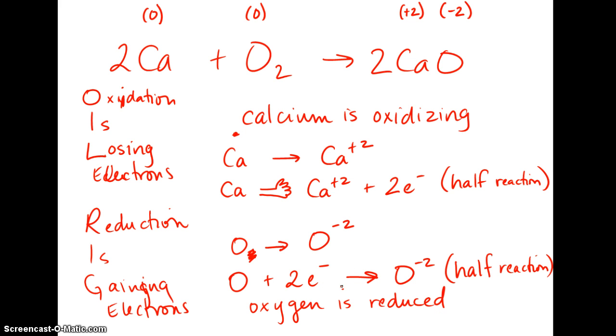Great. So let's go ahead and try another one. So for the next one, we have iron and copper sulfate and you have the product of copper with iron sulfate.